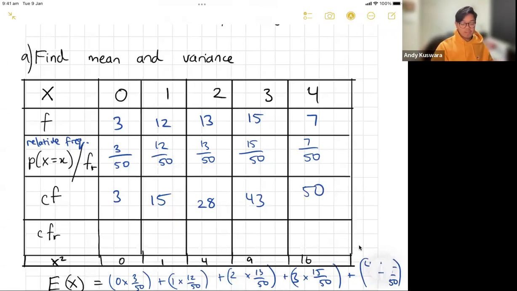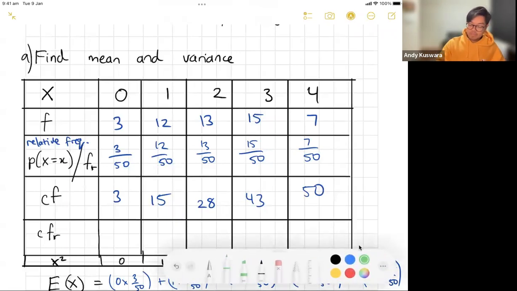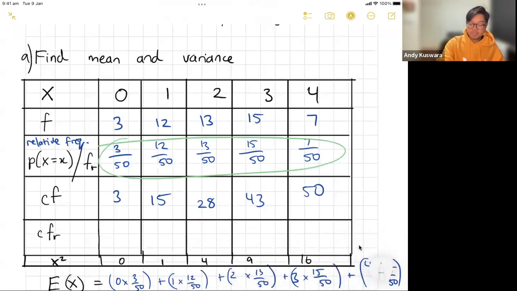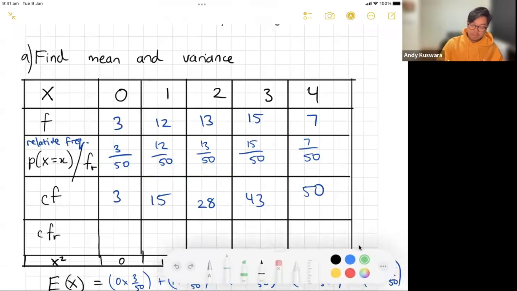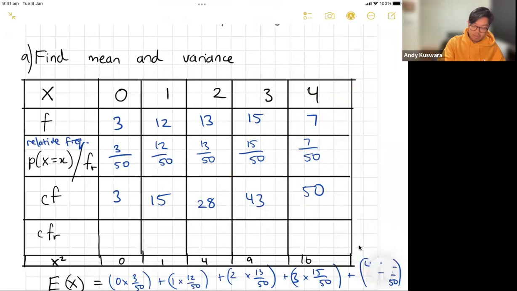Now, if I've got C of FR, that means it's the cumulative of the relative frequencies. In other words, we're going to add up these columns, kind of like we did before. What's nice is if we've done the cumulative frequency, it becomes very easy. It's the exact same numbers, but instead of just 3, it's going to be over 50. Instead of 15, it's going to be over 50, and so forth: 28, 43, and 50.